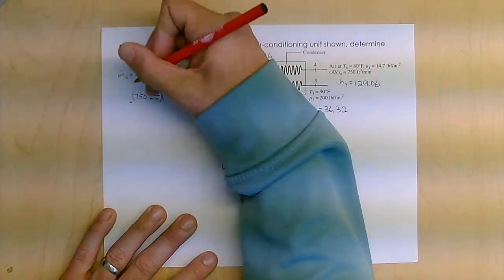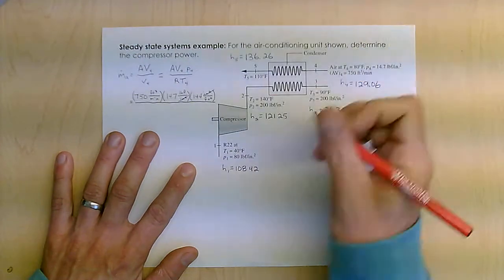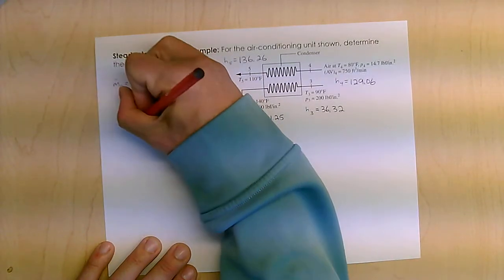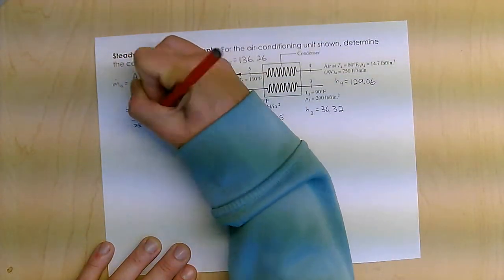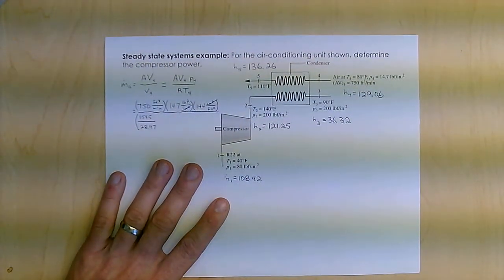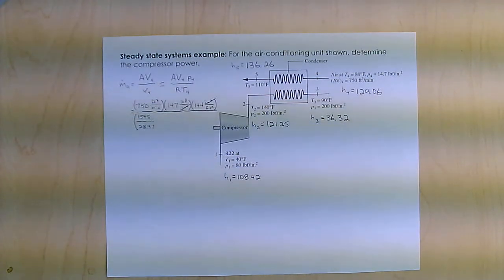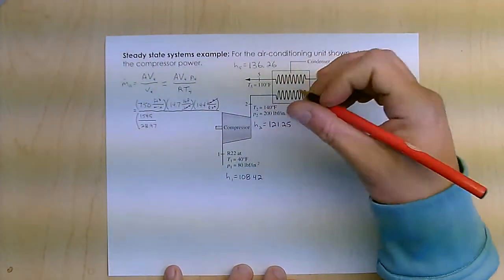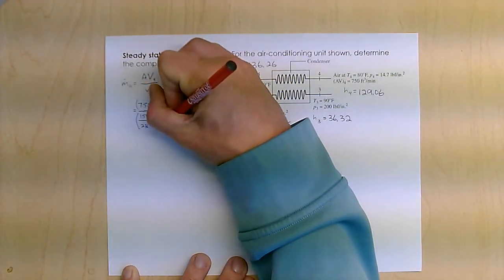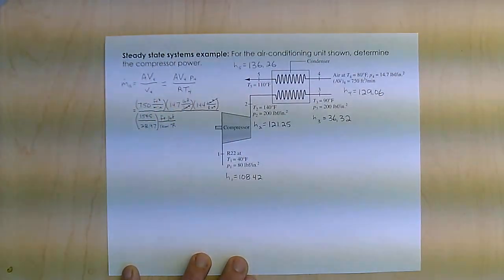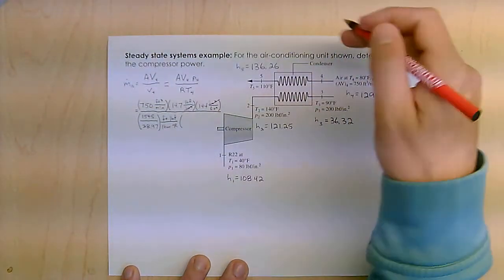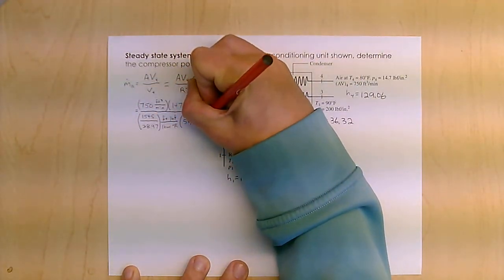Okay, and then R for air, I'm going to use the 1545, and I'm going to divide that by the 28.97. And my units on this, of course, are going to be foot-pound force per pound mass degrees Rankine, times the degrees Rankine, which is, again, 540 degrees Rankine.